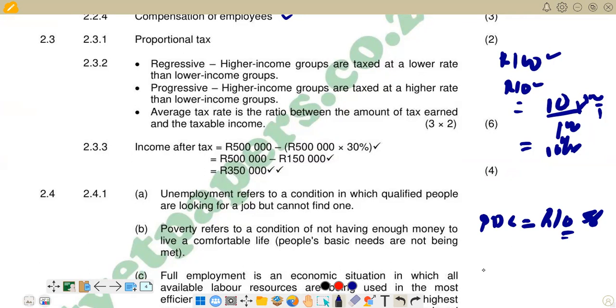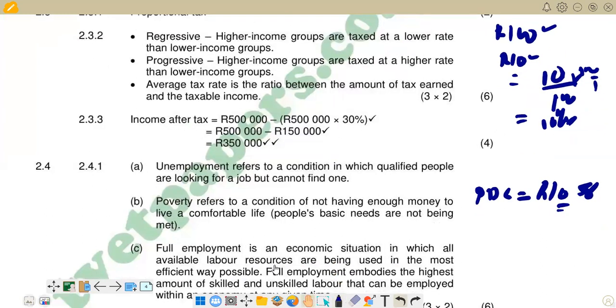That is the gauge that we use to see if a person is poor or not. This poverty datum line explains that the minimum required for you to meet the current cost of living index, you should be earning 1,058 or more. So that is the explanation that we have there. Then we look at the next one.